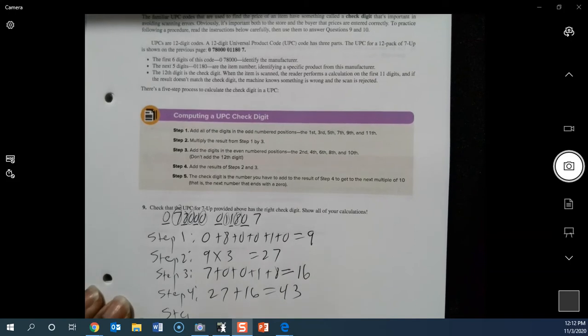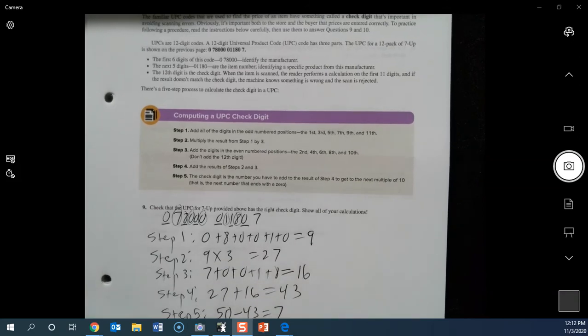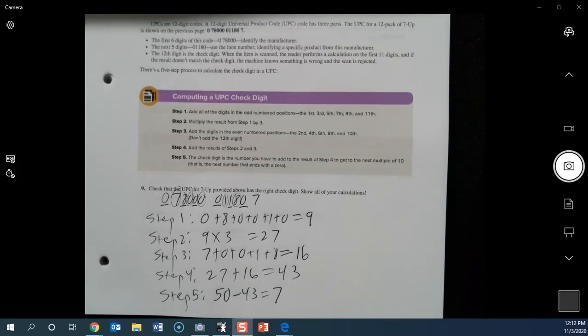Now step 5. We're supposed to find the next number that ends in 0. So 43, the next number that ends in 0 is 50. So we would take that number minus the 43, and that gives us 7. So our check digit here is supposed to be 7.